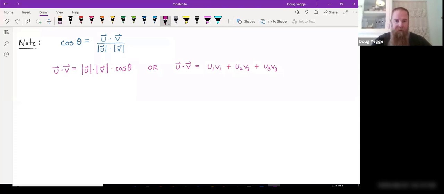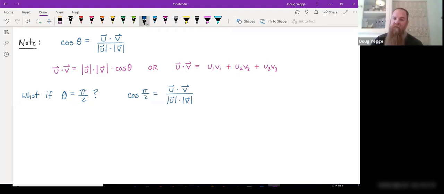However, one thing to recognize is that let's say I look at 90 degrees. What if theta equals pi over 2? Well, if theta is equal to pi over 2, then cosine of pi over 2 is equal to the dot product over the product of their magnitudes.